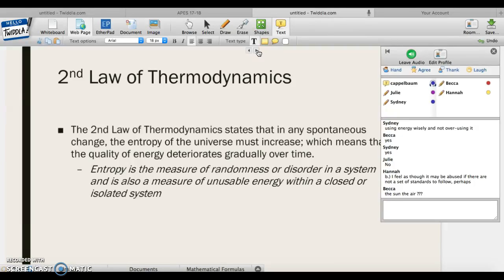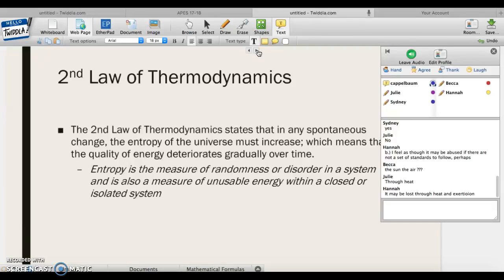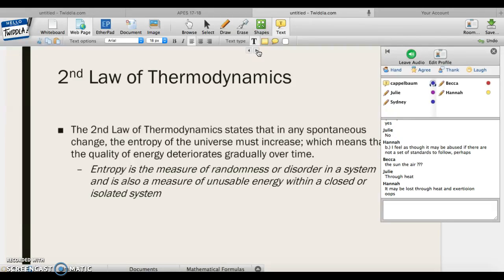Okay, so Becca's getting at something. Very good. So it is lost in the form of heat. So we aren't going to be able to harvest 100% of the energy we're putting in. When we metabolize our food, yes, we use that for cellular energy. We also use it for mechanical energy to move our bodies, but we also use it as thermal energy in the form of heat.